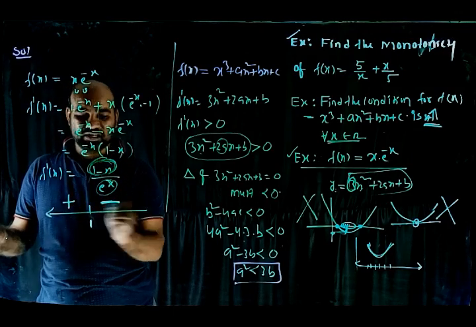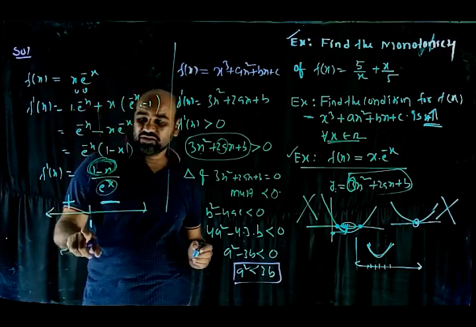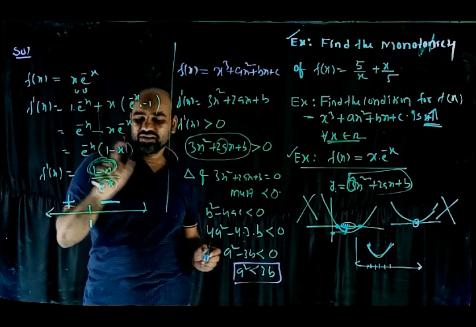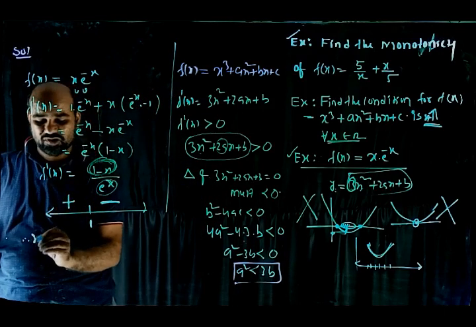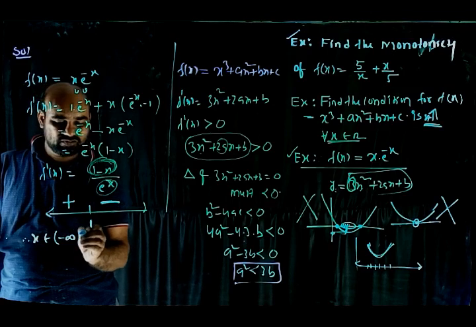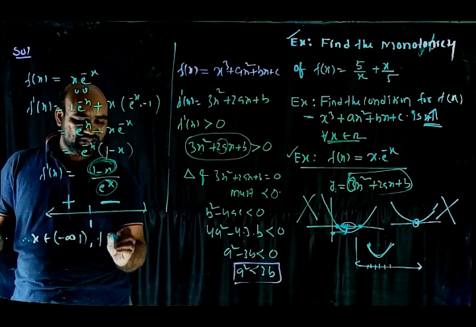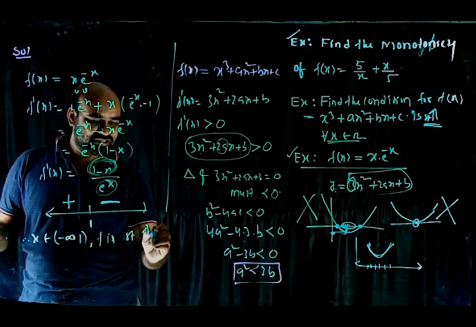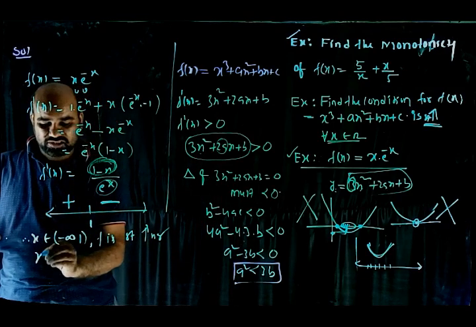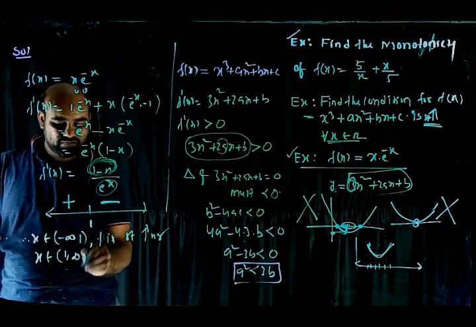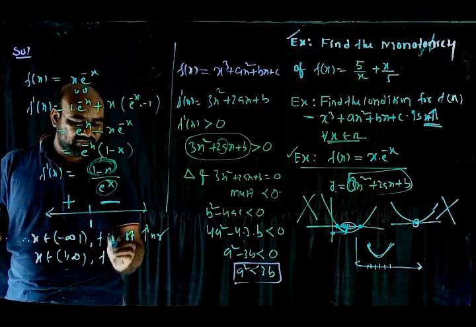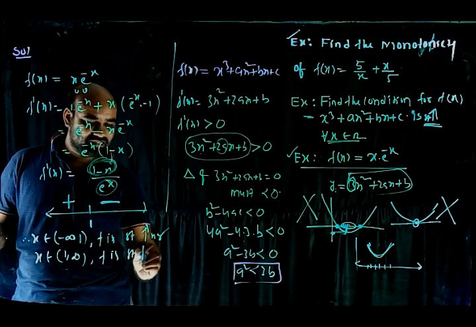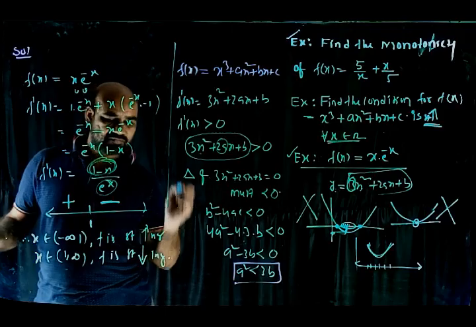So minus infinity to 1 increasing, 1 to infinity decreasing. Therefore, for x belonging to minus infinity to 1, f is strictly increasing, and for x belonging to 1 to infinity, f is strictly decreasing. Okay, students?